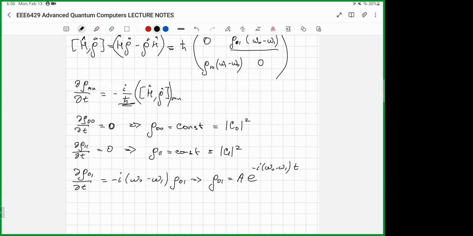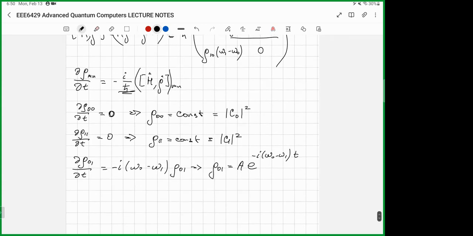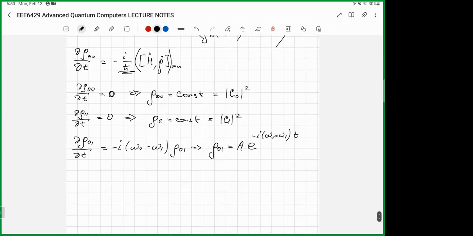Yeah, simple harmonic dependence in time with the frequency of the difference between the states. The larger this difference, the larger the frequency of oscillation. The lower the difference, the lower the frequency.